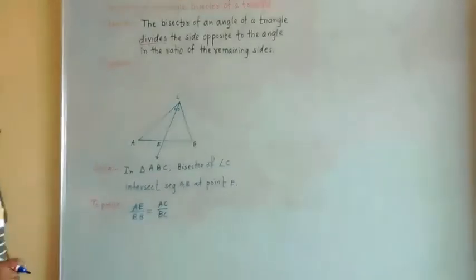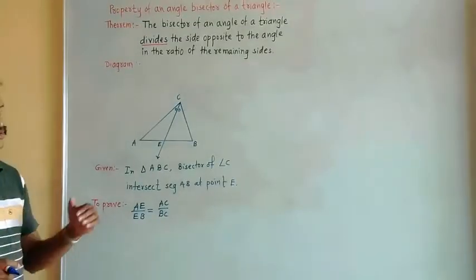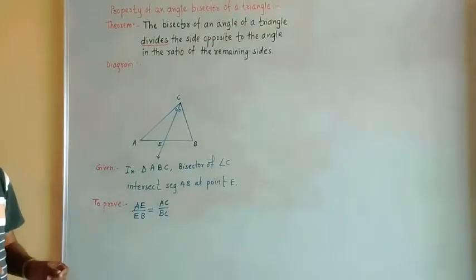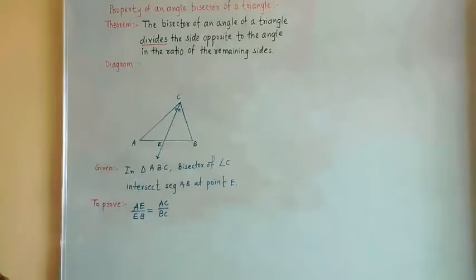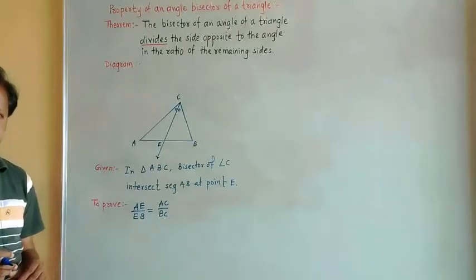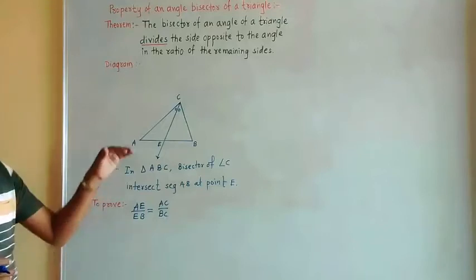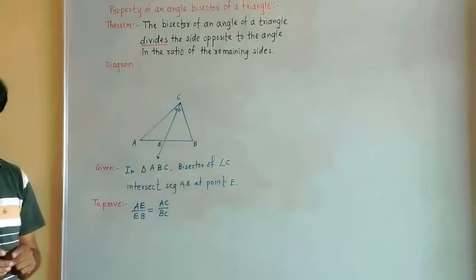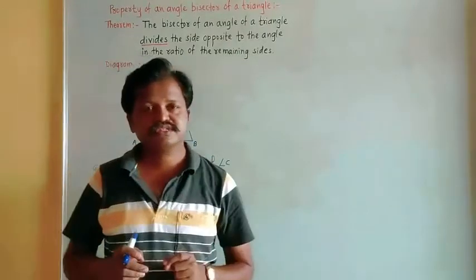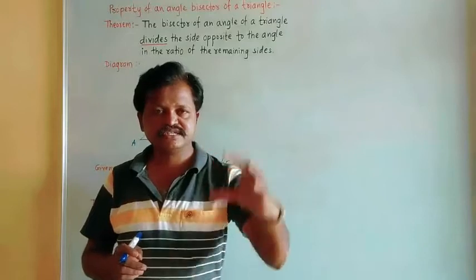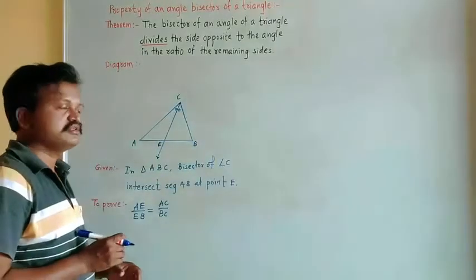Now we think about how to prove this. If there is a necessity to construct the diagram, we construct it. Previously we saw BPT. Can we use BPT? In the present diagram we cannot use BPT, but we make a construction so that BPT can be used.